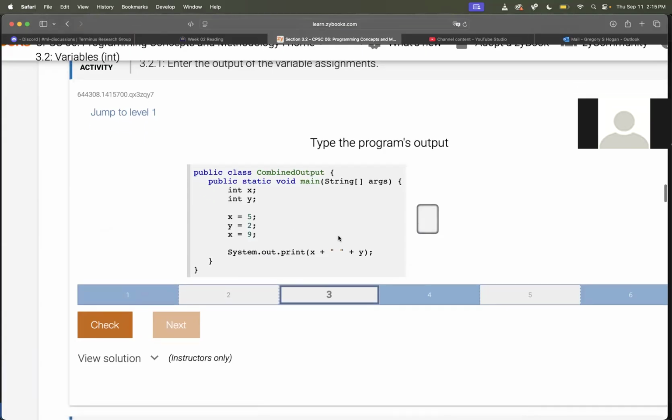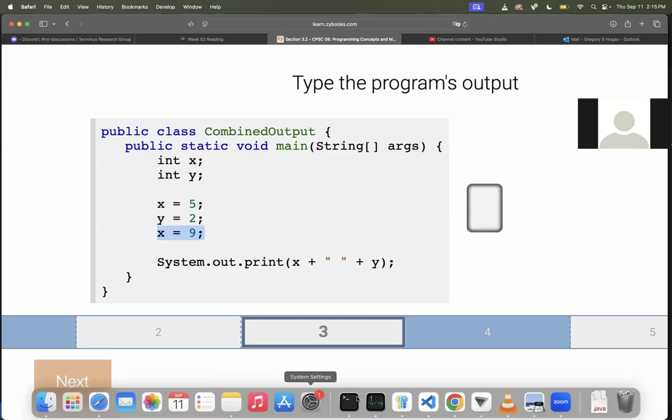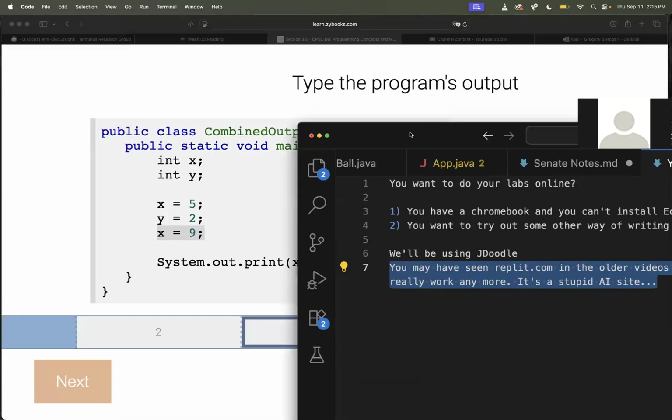And let's look at this. It's important to understand that when you have variables like this, where you have x equals 5, y equals 2, x equals 9, the lines are processed in order. If I go over here to Visual Studio Code, this is just so I can type.